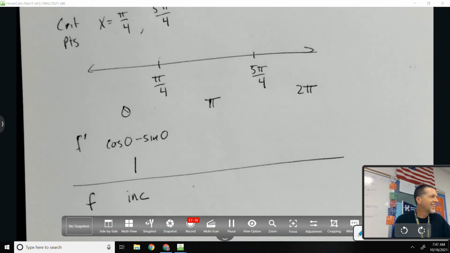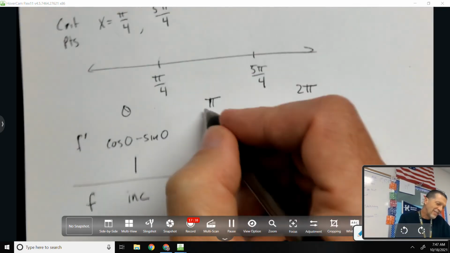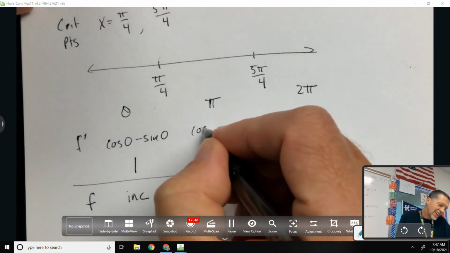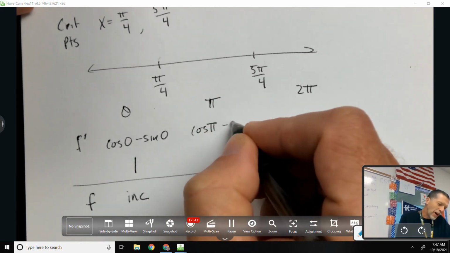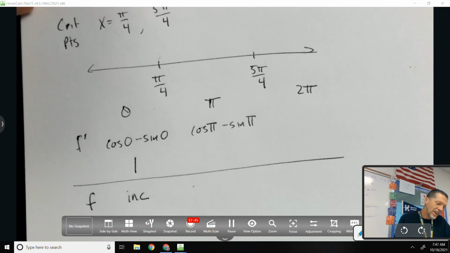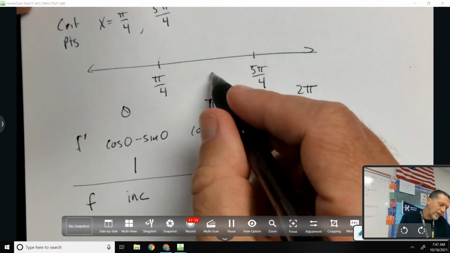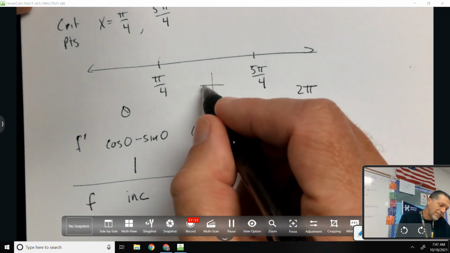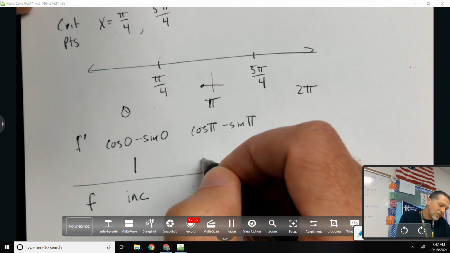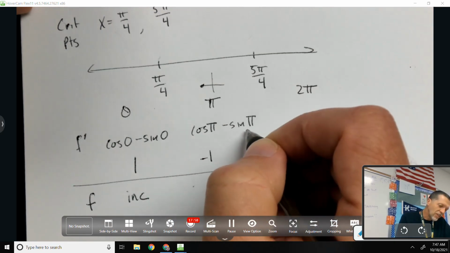So if we plug in pi, cosine of pi minus sine of pi. Let's see, cosine of pi is, I have to evaluate trig stuff while they're blasting the school. Cosine of pi is -1, sine of pi is 0.